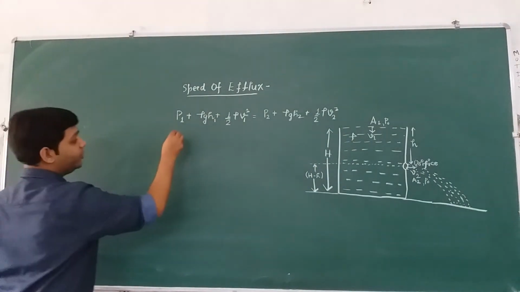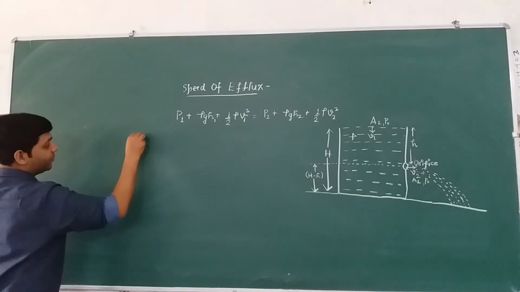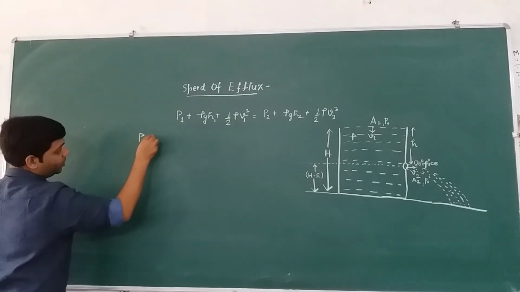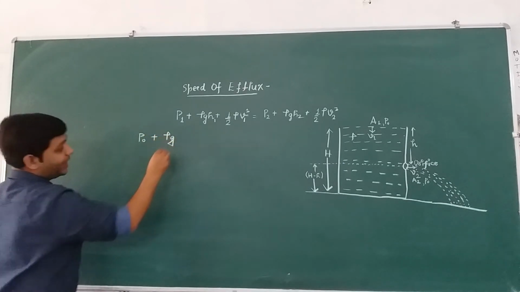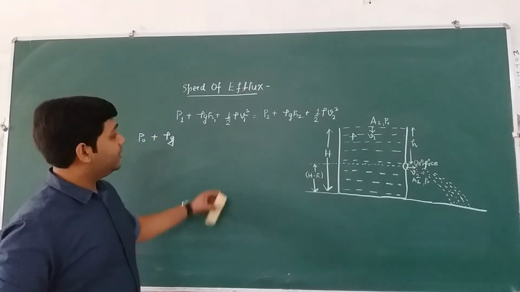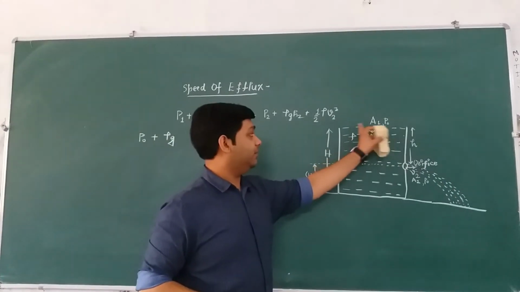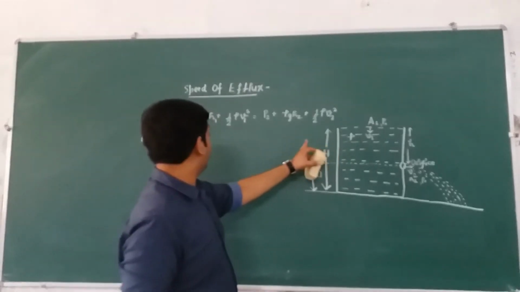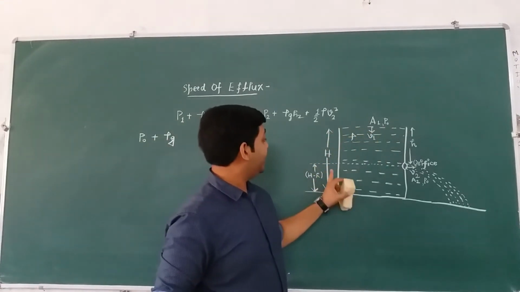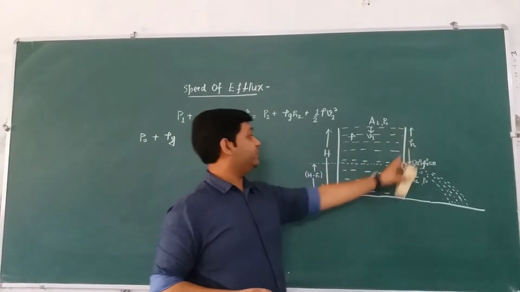So P1 is equal to P0. It is equal to P0 plus rho g h1. And what is the value of h1? Let's say this cross-sectional area is A1 and this is A2. This is point 1 and this is point 2. So what will be the height of point 1? It will be equal to capital H minus small h. Fine.